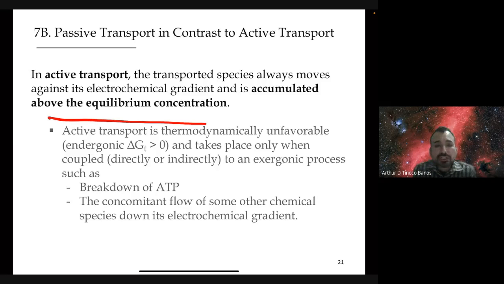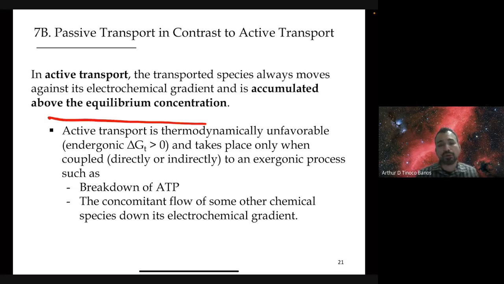Active transport is, technically speaking, thermodynamically unfavorable and takes place only when coupled directly or indirectly to an exergonic process. In other words, that unfavorable process has to be coupled with something favorable in order to be facilitated.